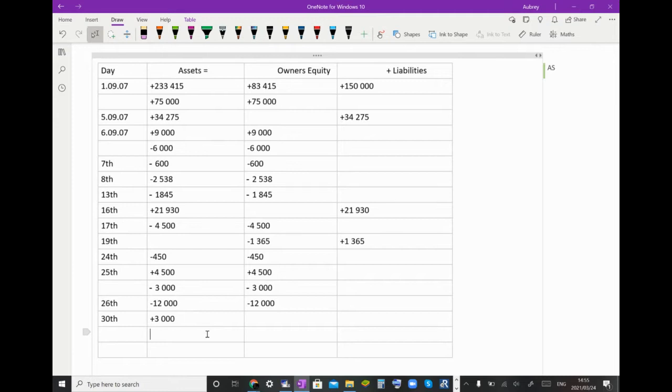What they owed us is now 7,000. It has reduced, so debtors is going down. We know that debtors is an asset, so what's happening to our assets? It goes down, because we have less that is owed to us. Does that make sense? All right. So here, 3,000. Done.